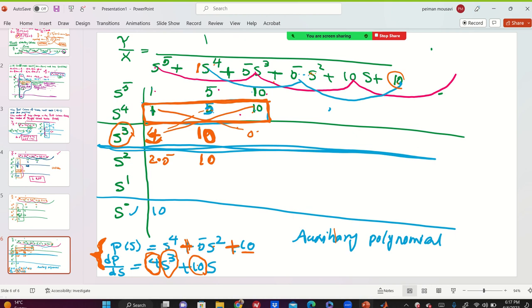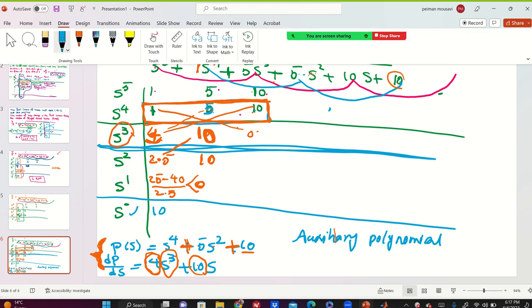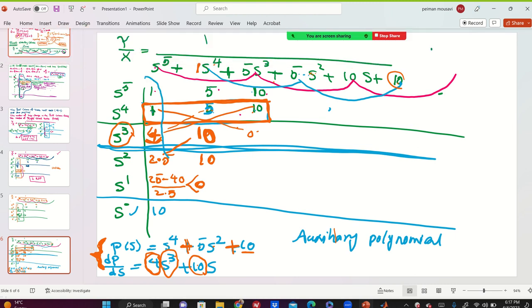Yes? Now this by this. The next line: 25 minus 40, divided by 2.5, which is a negative number, guys. Now we select the first column.